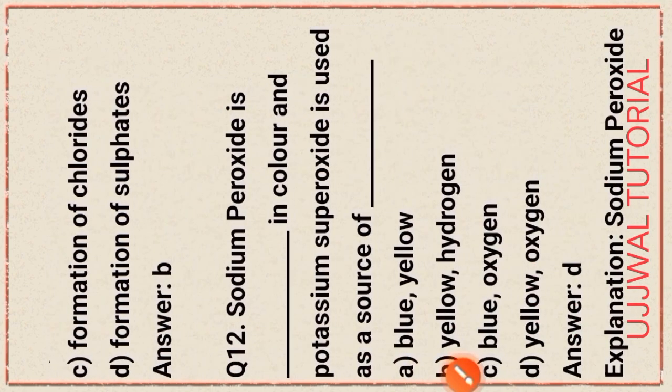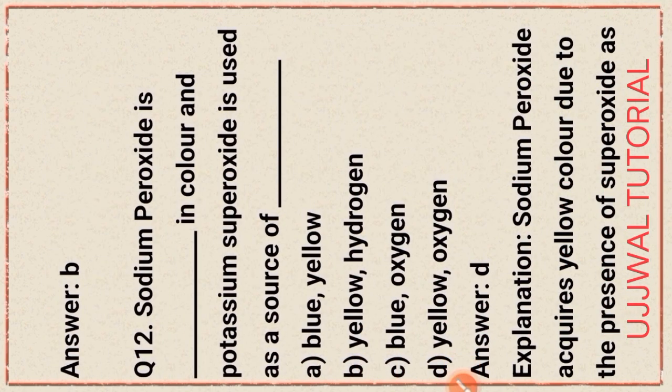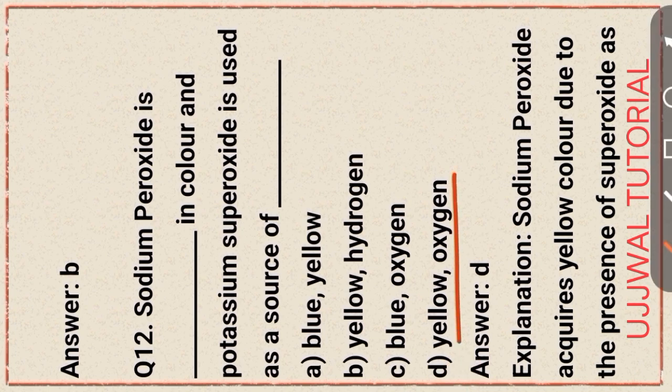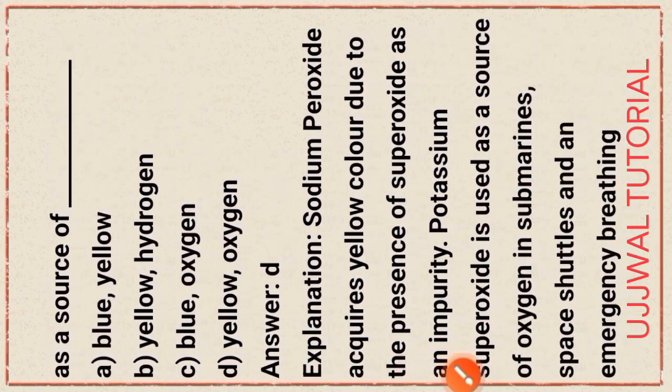Next question: sodium peroxide is dash in color and potassium dash is used as the source of dash. That is option D: sodium peroxide is yellow in color and potassium superoxide is used as the source of oxygen.